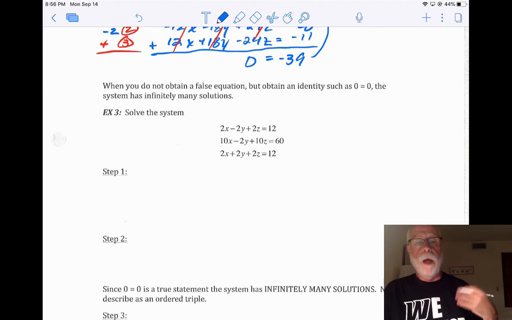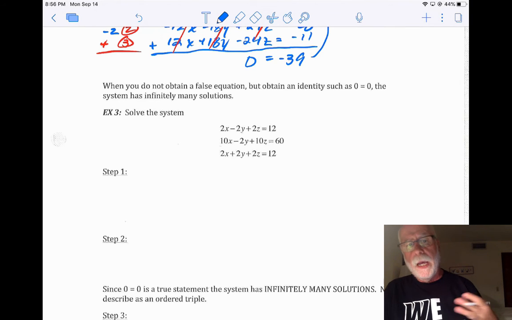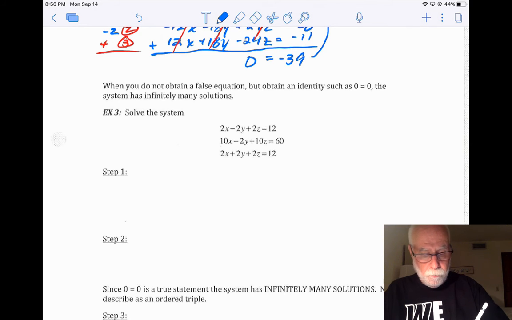We still have to write it as an ordered triple. On some of the questions on the worksheet I'll probably give you, it won't say that, but follow this and you will not be steered wrong. Again, I'm going to do the same thing I always do: 1, 2, and 3.